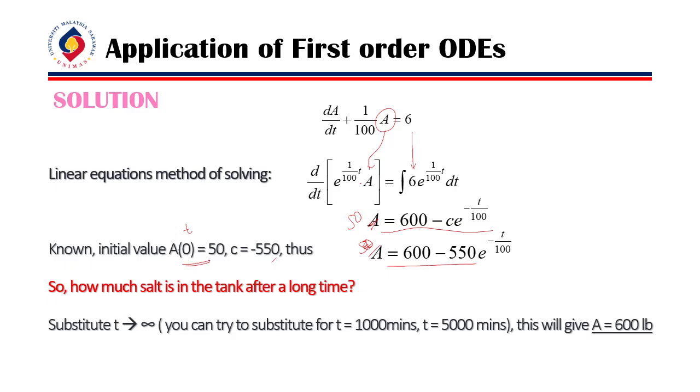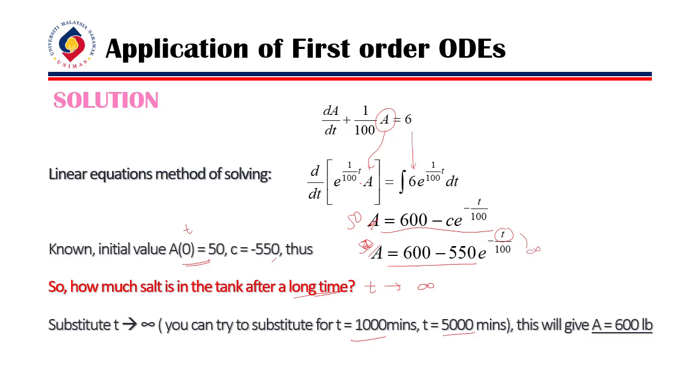But how much salt is in the tank after a long time? So this one, we consider t going to infinity here, and you can try to substitute t is equal to 1000 minutes or 5000 minutes, but still this will give you the answer of A approximately 600 pounds here.